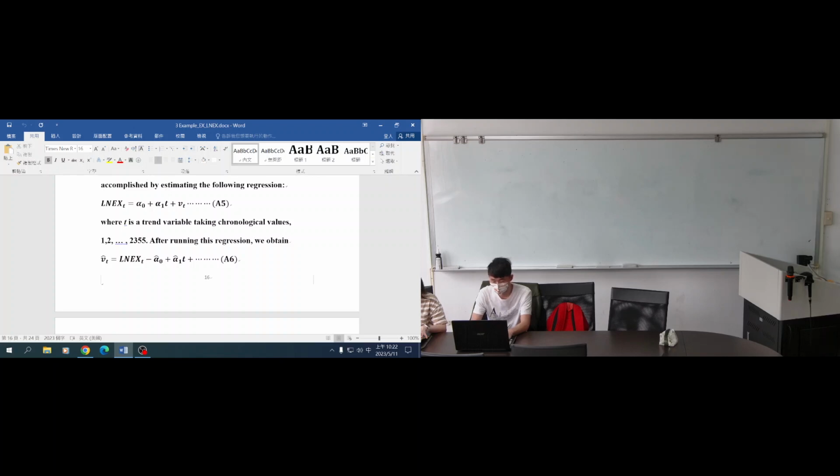If it is, it means after I detrend it, the variable gets rid of those trending factors, and the rest of it will be stationary. Understand what I'm saying here?